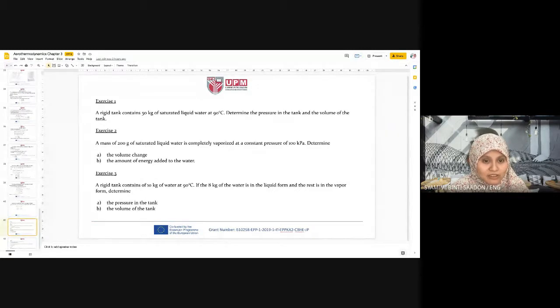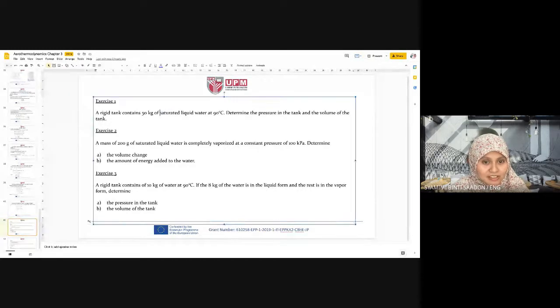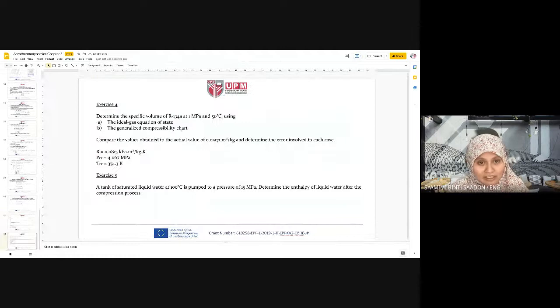When it says saturated water, look up the table for water.